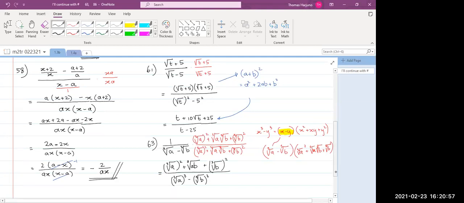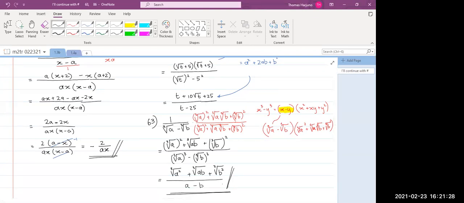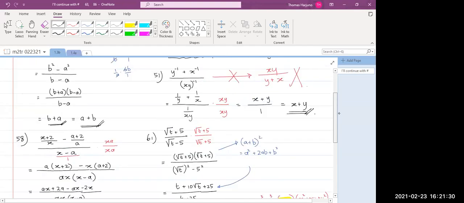Okay. Then one more step. Now cube root of a being squared is cube root of a squared. And cube root of b being squared is cube root of b squared. While at the bottom, we have only a minus b. That's the simplest form. Okay, that's for number 63.